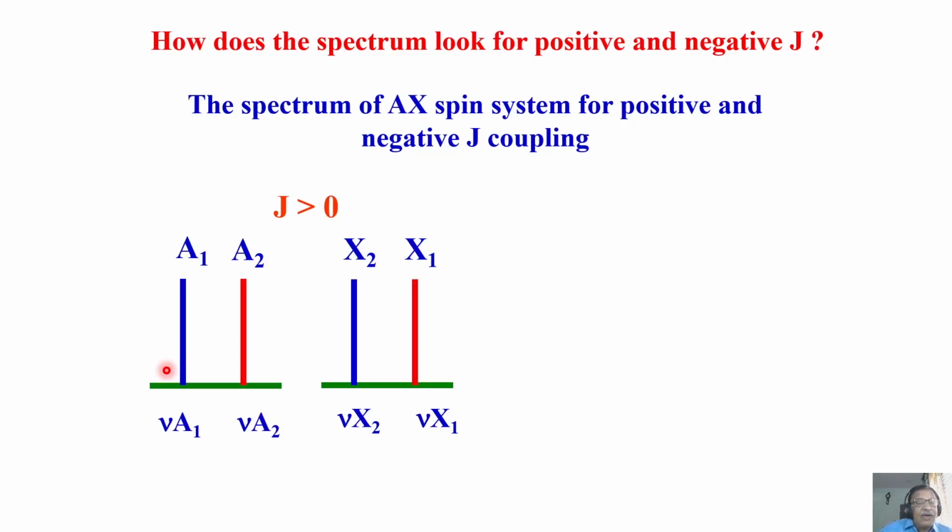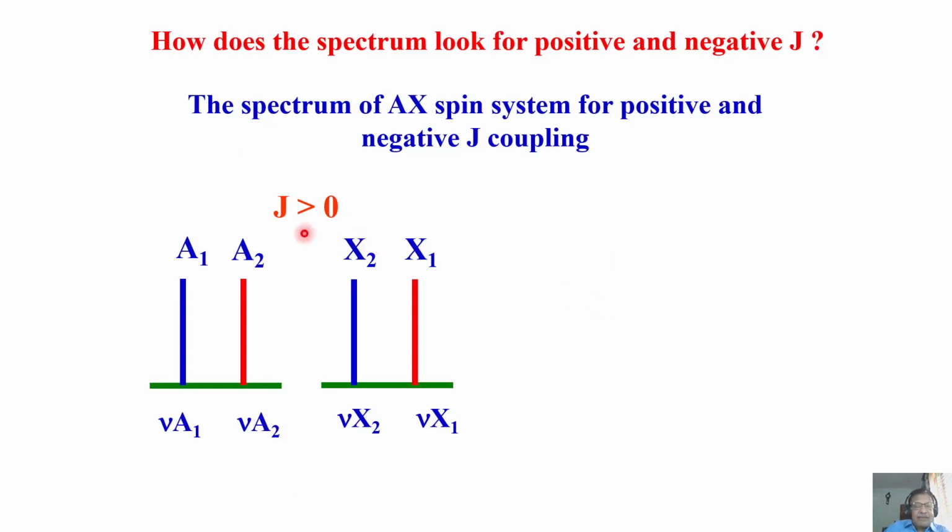We found which transitions pertain to the A spin and which pertain to the X spin. So that's how we identified two A transitions and two X transitions. I hope you remember the energy level diagram with which we worked out transitions for both A and X.